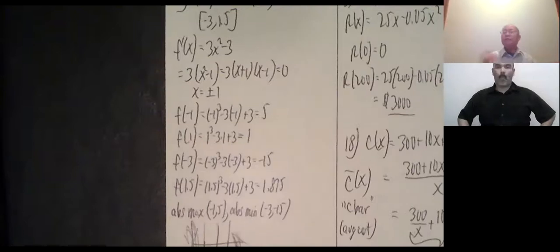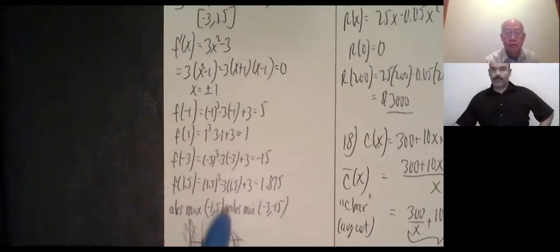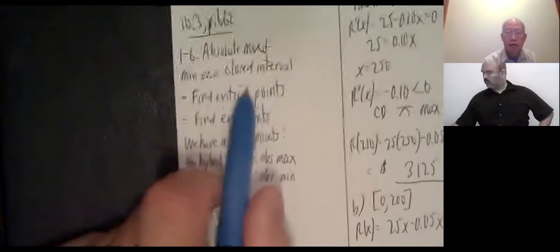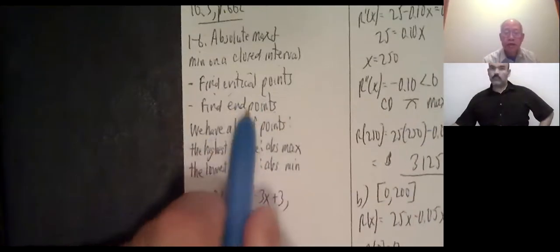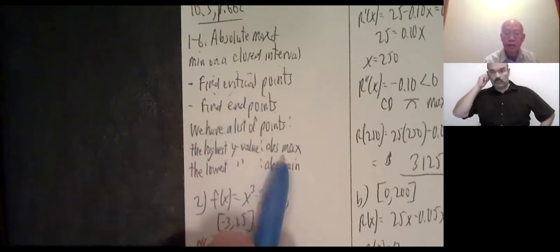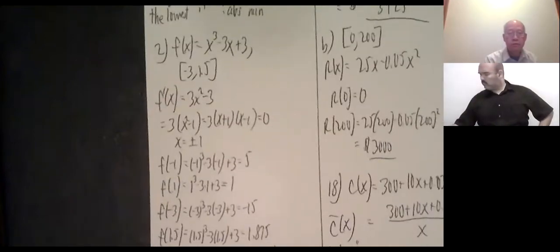You don't know ahead of time until you actually try it. So that's the technique behind this. Again, you find the critical points, find the endpoints. You got a list. The highest y value, absolute maximum. Lowest y value, absolute minimum.